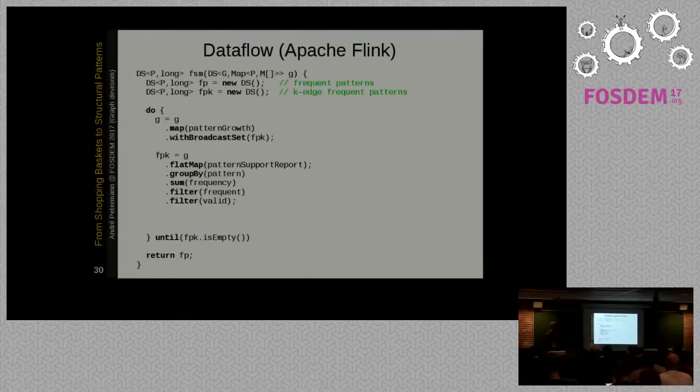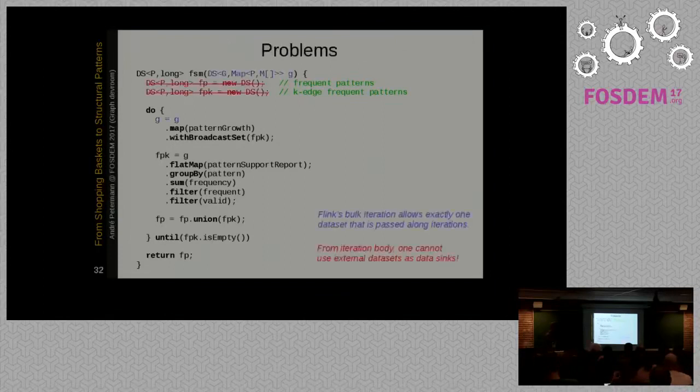We do not repeat the same operations 10 million times, but do it here, and in comparison to the complexity of counting a larger data set, it's basically free. Finally, we add the current round's frequent patterns to the all frequent patterns data set using a union operator, and that's how naively everyone would program it.